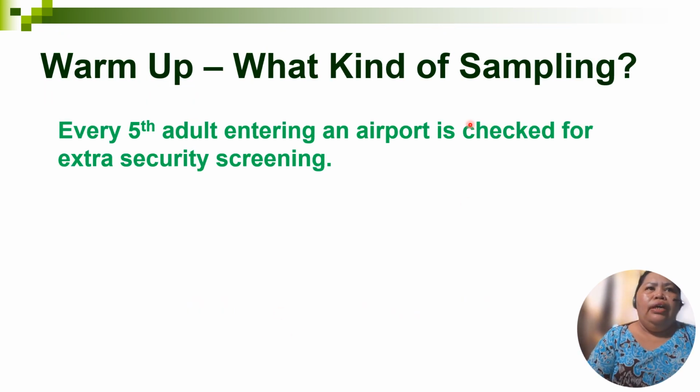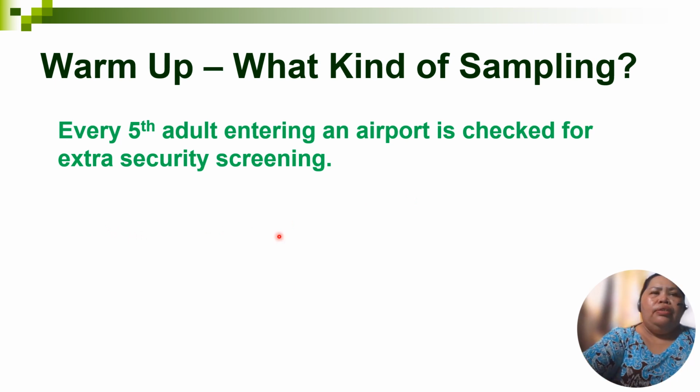Okay, what kind of sampling is this? Remember when you were in grade 7, we talked about several sampling techniques such as systematic, stratified, what else? But here, what is this? Every fifth adult entering an airport is checked for extra security screening.